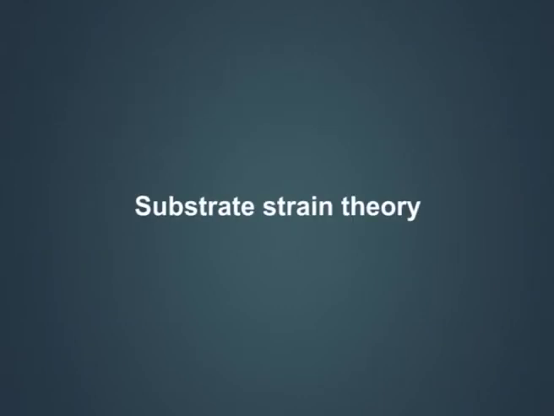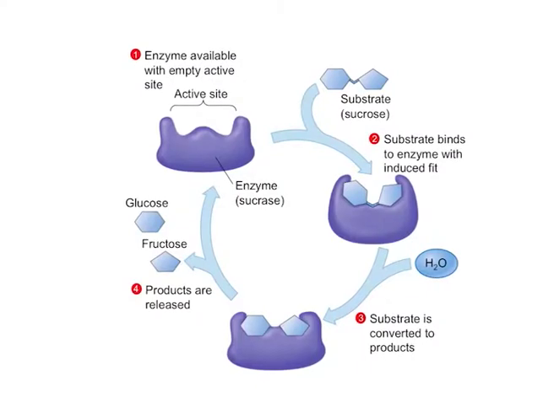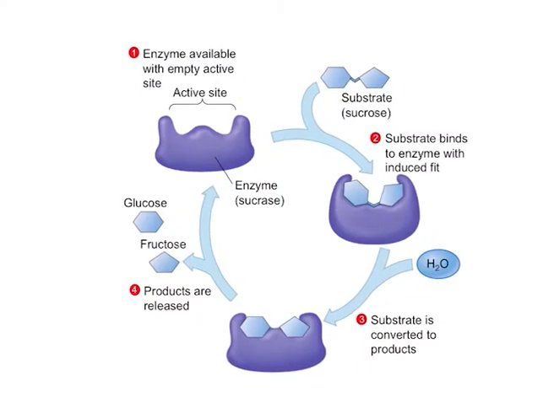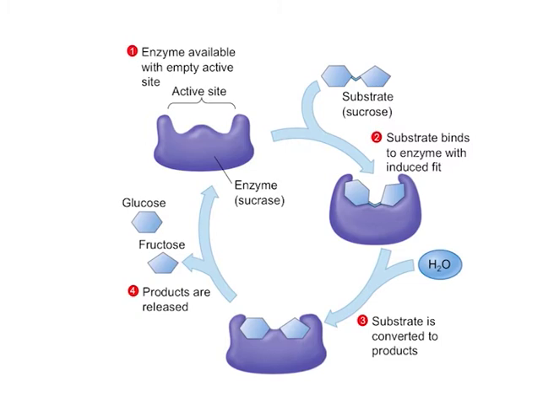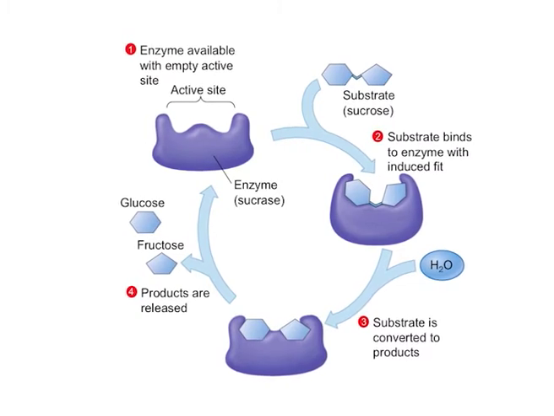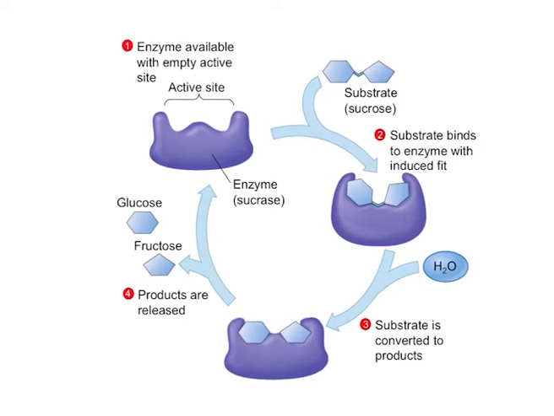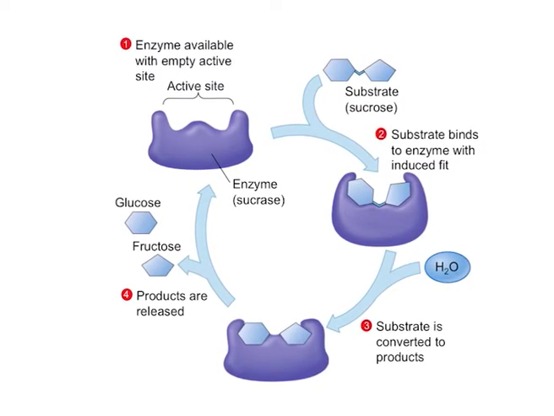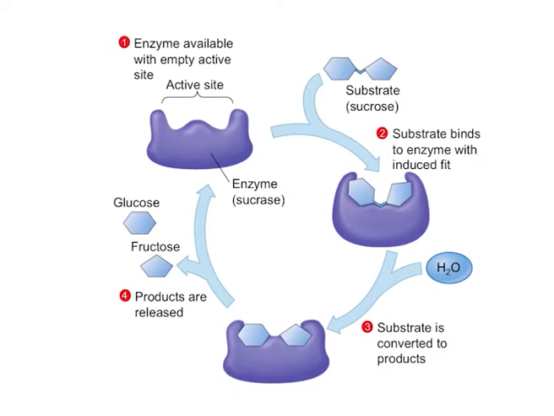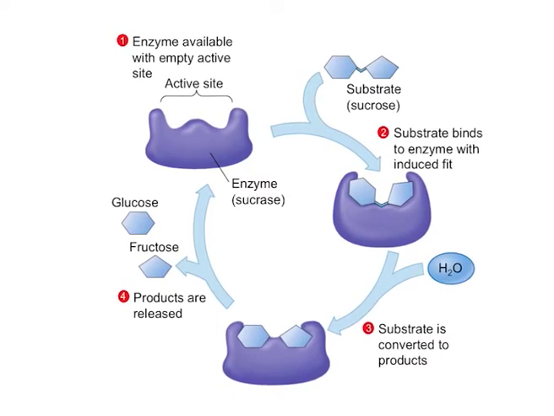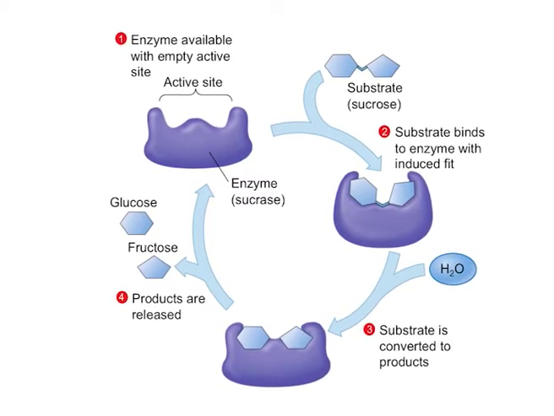The third most important theory is the substrate strain theory. In this model, the substrate is strained due to the induced conformation change in the enzyme. It is also possible that when the substrate binds to a pre-formed active site, the enzyme induces a strain in the substrate. The strained substrate leads to the formation of product.